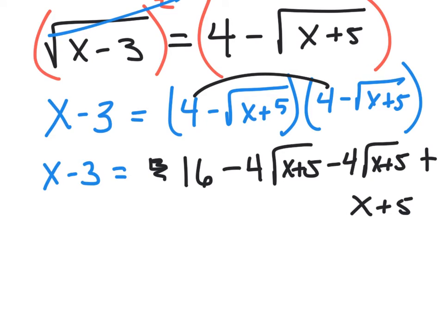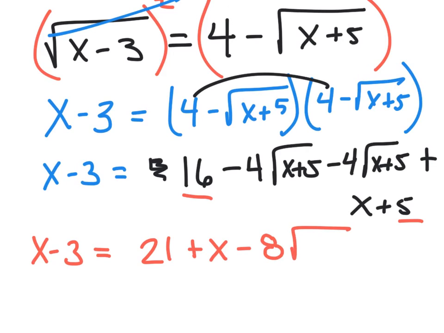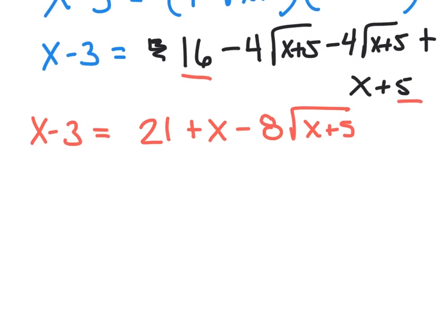Okay, so I'm going to carefully clean this up. x minus 3 equals, I can put my 16 and 5 together, so that's 21 plus x minus 8 radical x plus 5. So the goal is to isolate that radical. I want to get that radical by itself. So I'm going to move things over again.